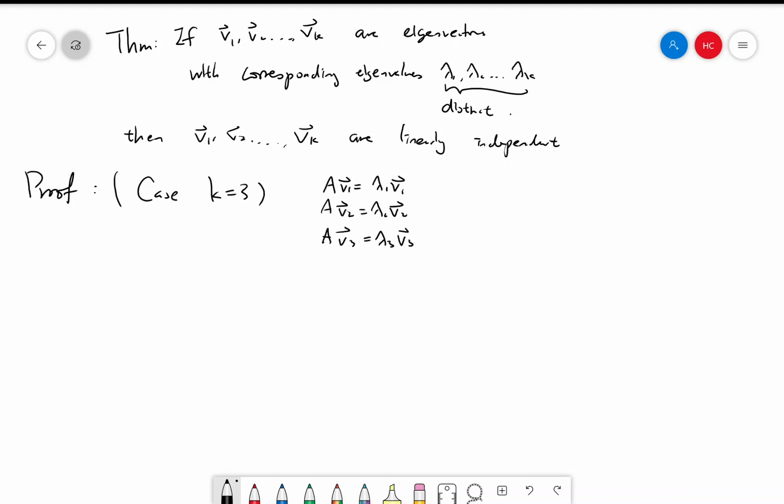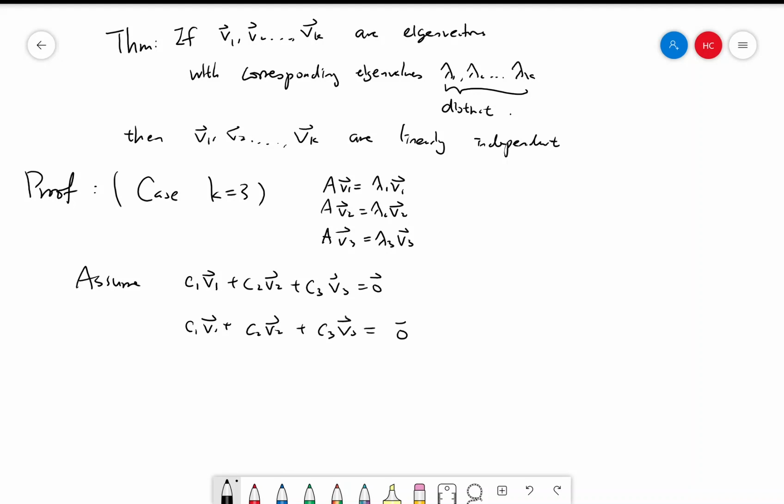Okay, so we want to show they're linearly independent, so let's assume c1 v1 plus c2 v2 plus c3 v3 equals 0. Let's multiply by A on both sides.